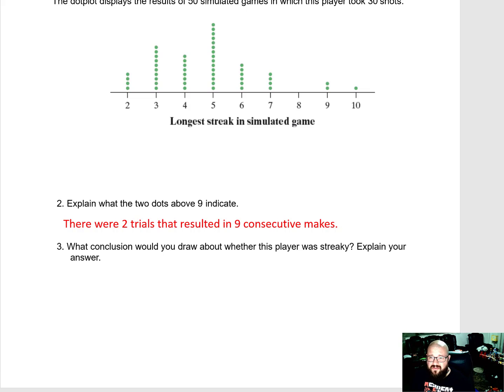That gives you a 2% probability, so this means it is not likely to happen by chance. So the player is streaky.